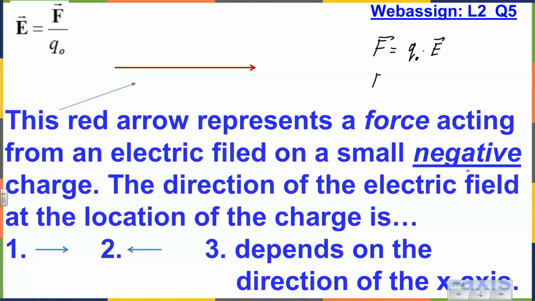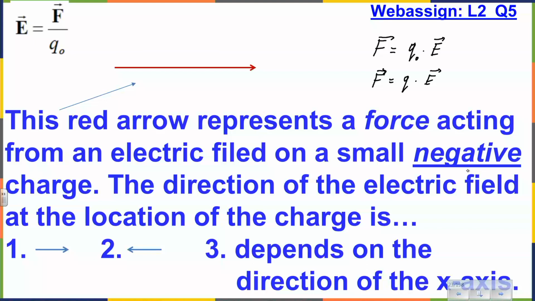Or even like this, because we don't really have to show every time what kind of charge we use, so we don't have to use that subscript. A force acting on a charge from electric field is equal to the product of the charge and electric field strength at the location of the charge. That's how we read it.